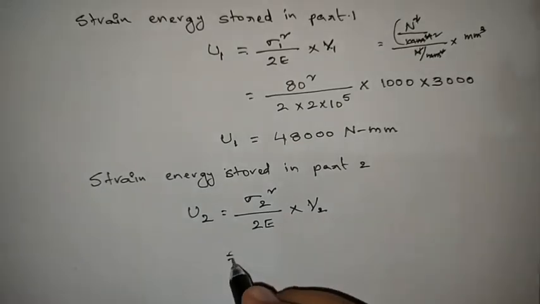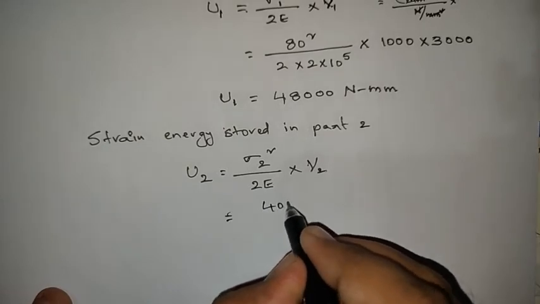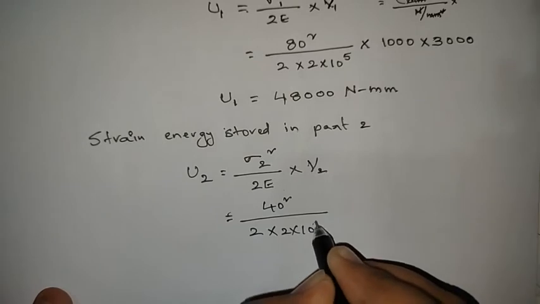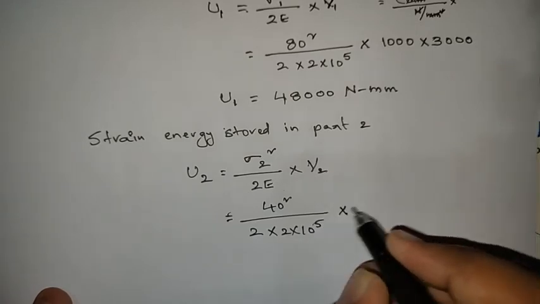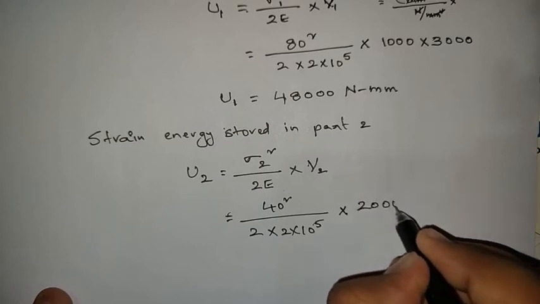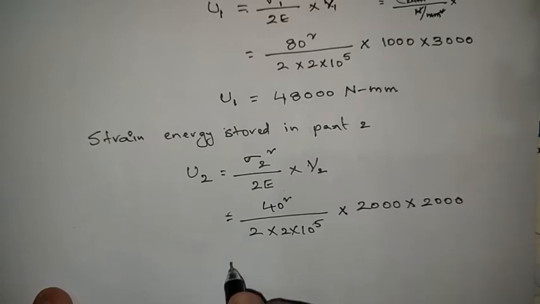So that will be equal to sigma 2 value 40 square by 2 into E value is 2 into 10 power 5 into V2 value, which is A2 into L2. So A2 is 2000 into L2 value is also 2000. So calculate the value.